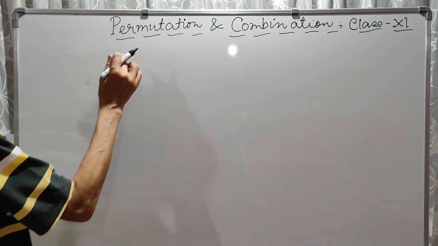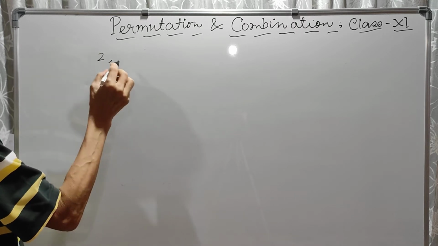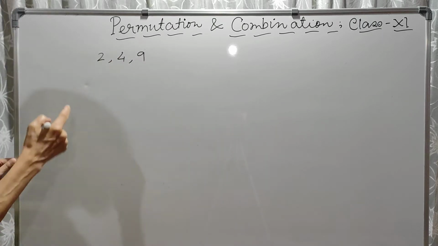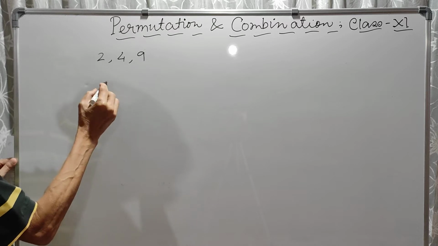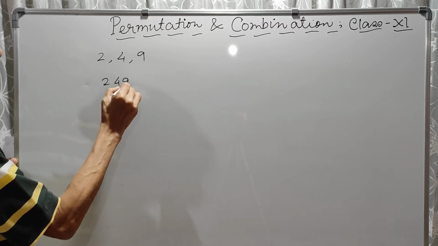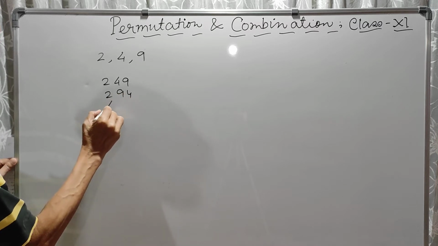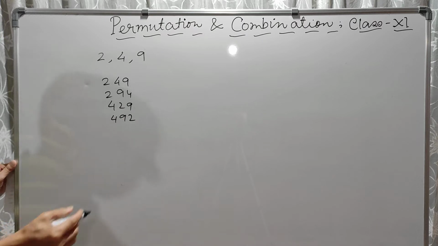Suppose there are 3 digits, say 2, 4 and 9. Now using these 3 digits, you can write the numbers 249, or 294, or 429, or 492, like that.